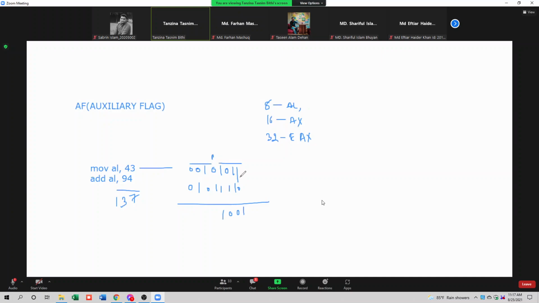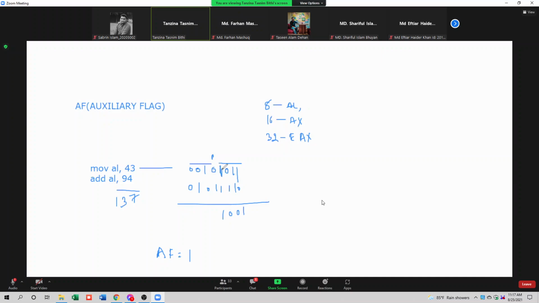When the low order 4 bits produce a carry which is added to the next bit of your high order 4 bits, at that time the value of the auxiliary flag register will be 1. I'm repeating it. This is the low order 4 bits and this is the high order 4 bits.